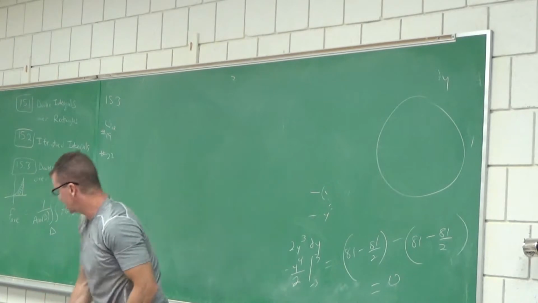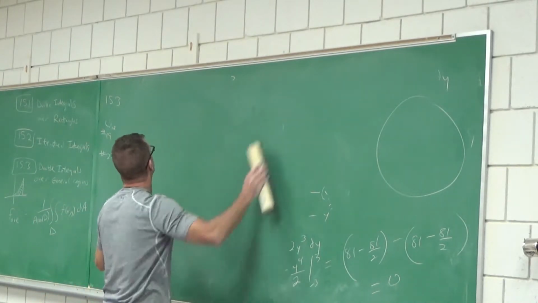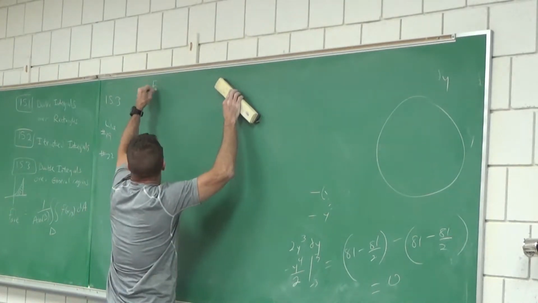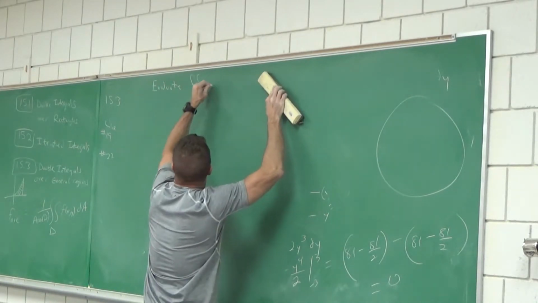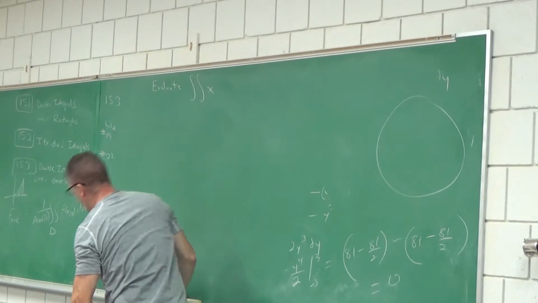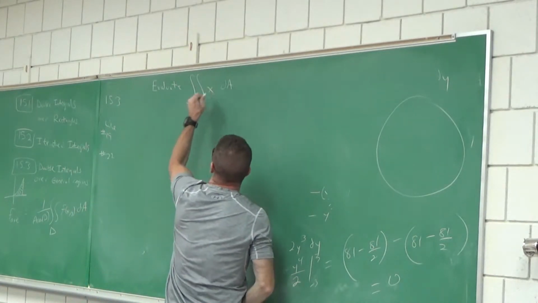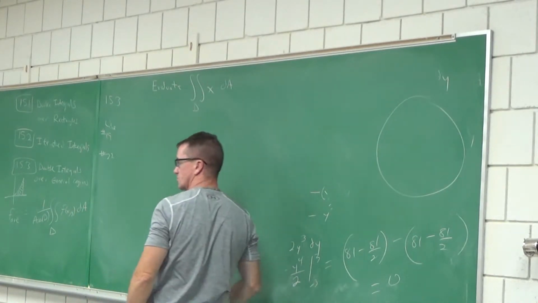So what you got to do is evaluate. Estimate would be a Riemann sum. Evaluate. Double integral of x. Oh, and they put dA here. And then they put a D down here for that region of integration.